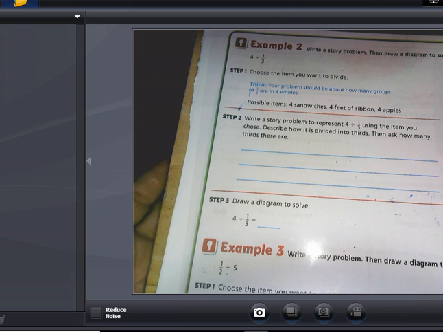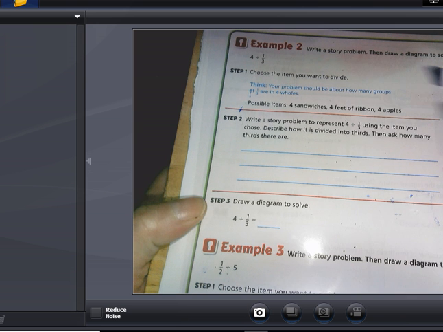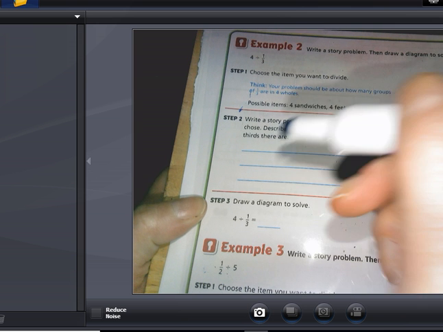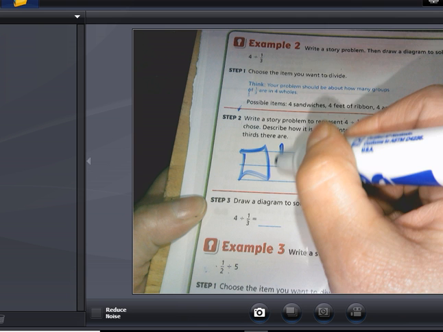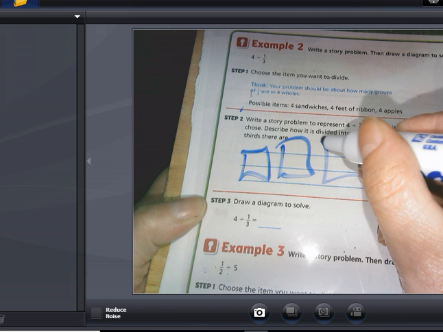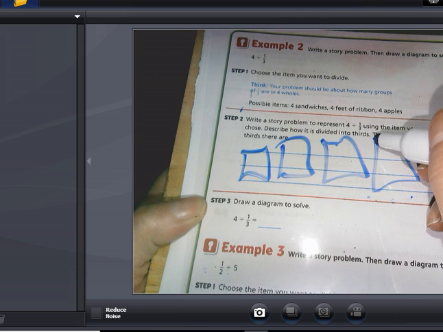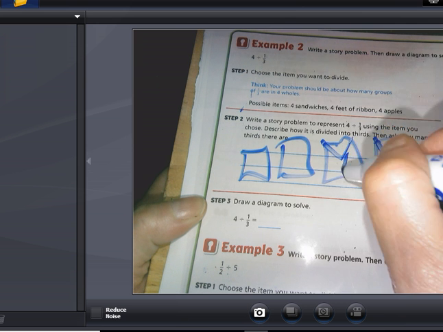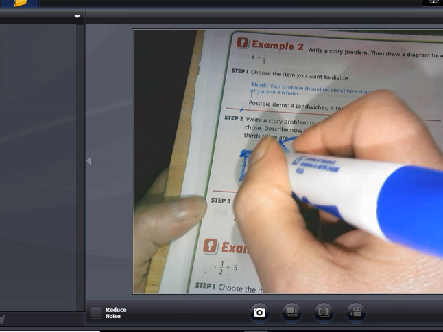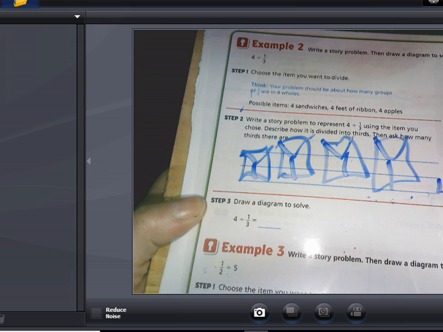Well, I could draw a diagram for that. I really know that is 4 times 3 equals 12. So what is my answer? 12 equal parts.